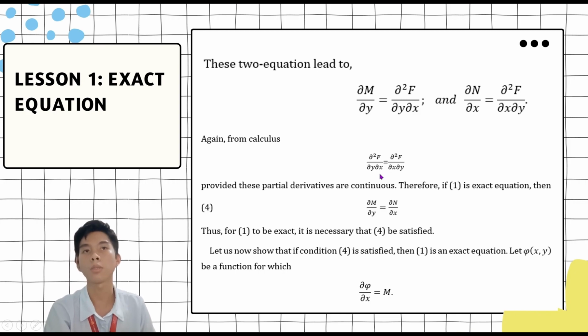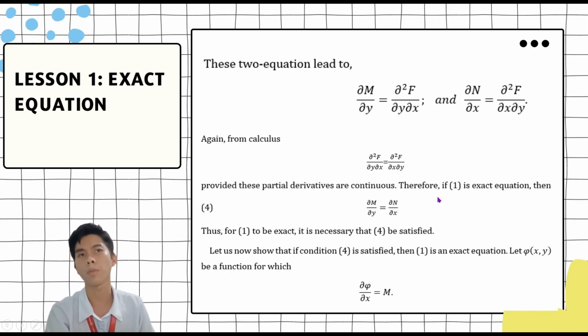Again, from calculus, the second partial derivatives must be equal, so that we can use the exact equation, provided these partial derivatives are continuous.